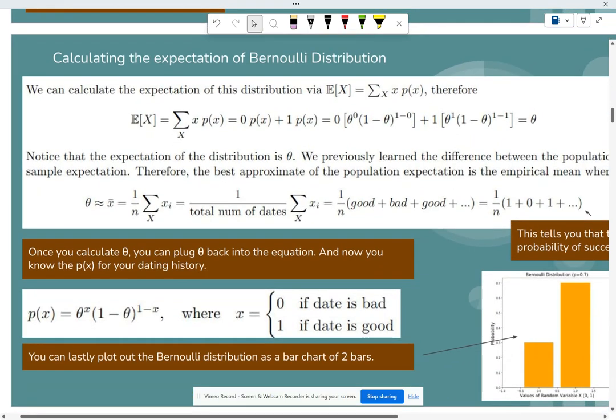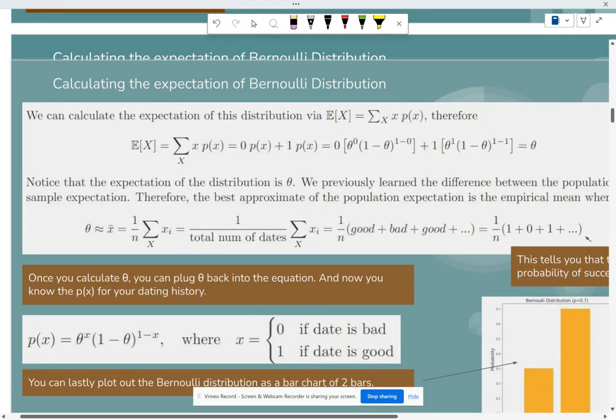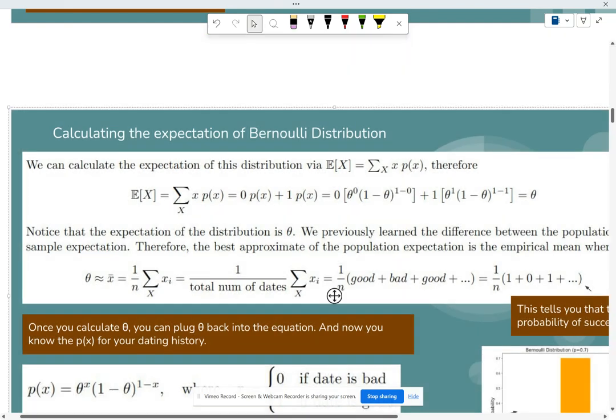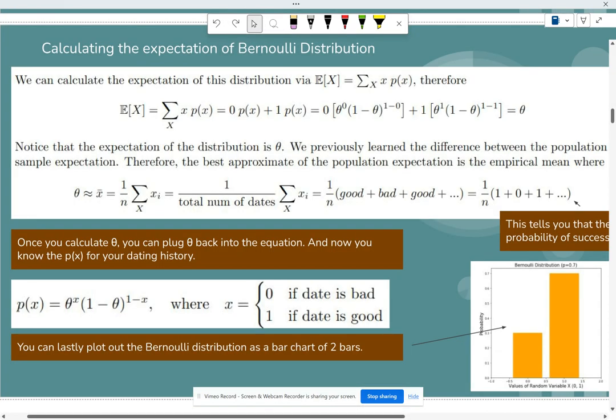Now let's take this probability distribution we have here, Bernoulli, and calculate the expectation. We went over last class that the expectation of x is the summation of x times p of x.